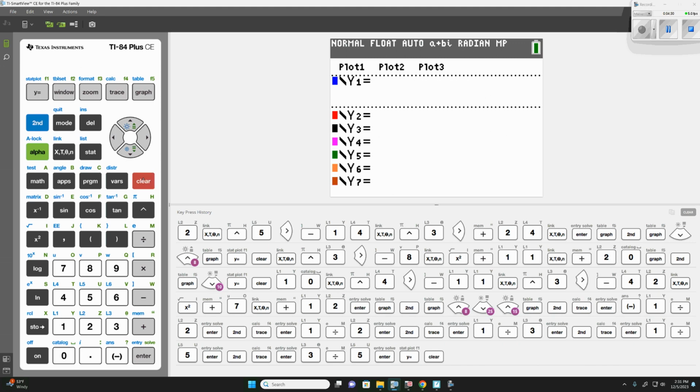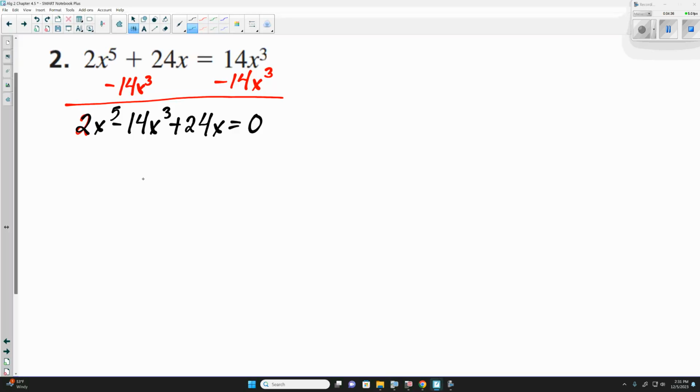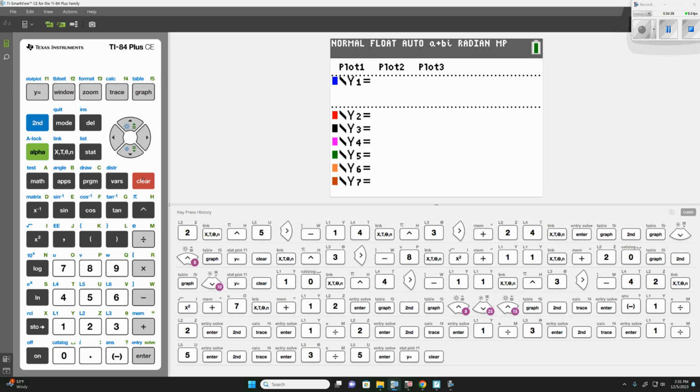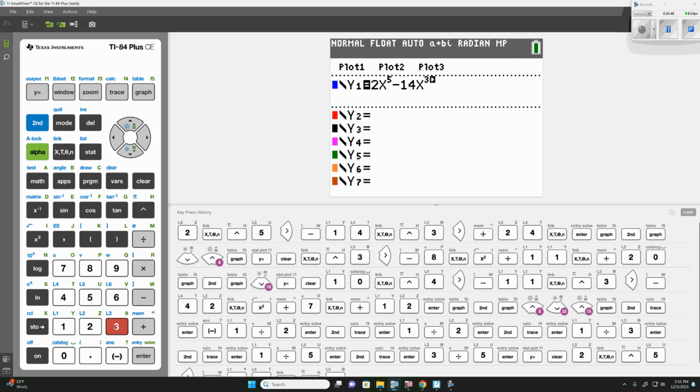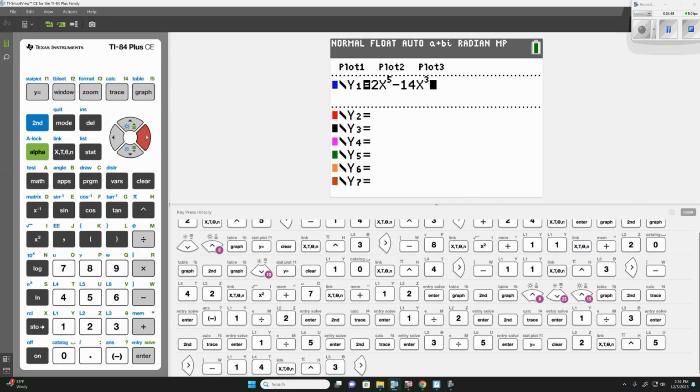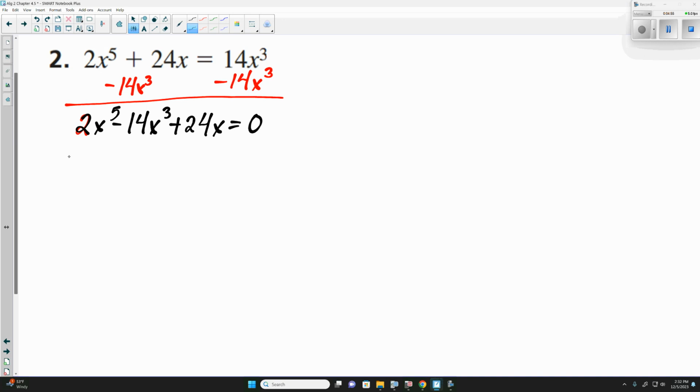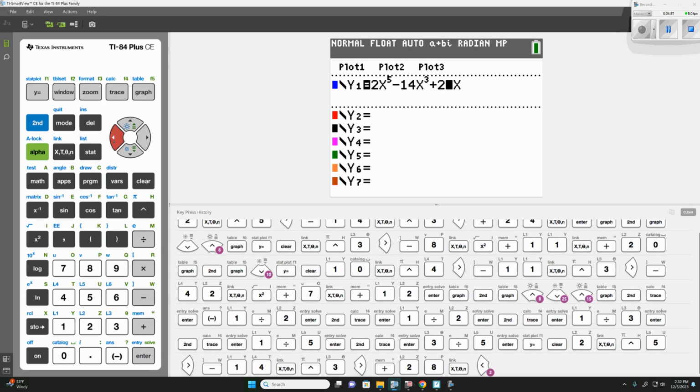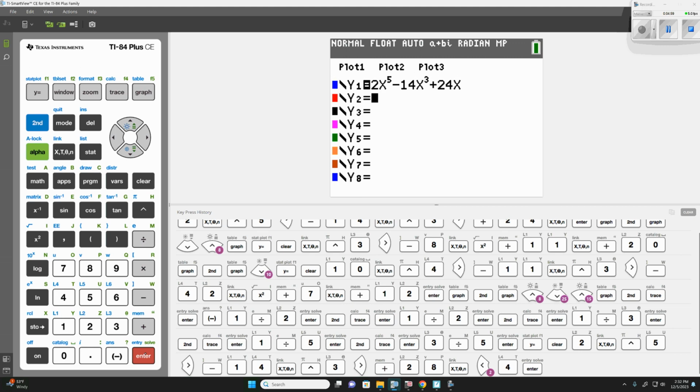we can hit y equals. And then we're going to type this in. 2x to the 5th minus 14x to the 3rd plus, I believe it's 28x, 24x. And when you get it typed in, hit graph.